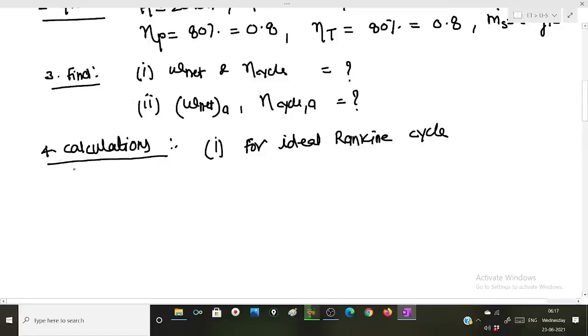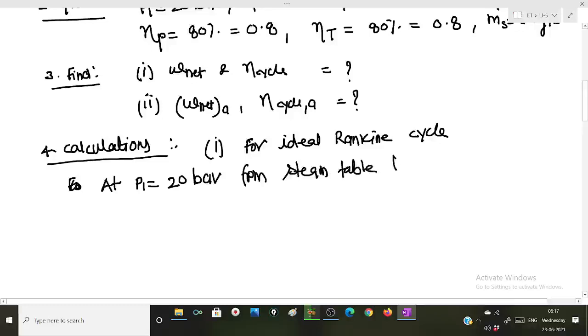So first let us start our calculations by finding the different values of steam at boiler pressure of 20 bar from the steam table by Mathur and Mehta.